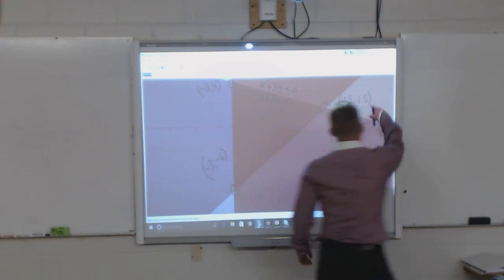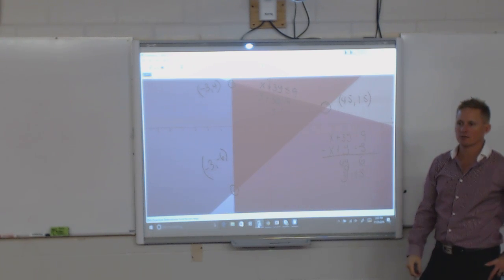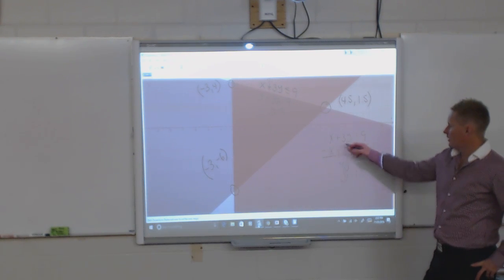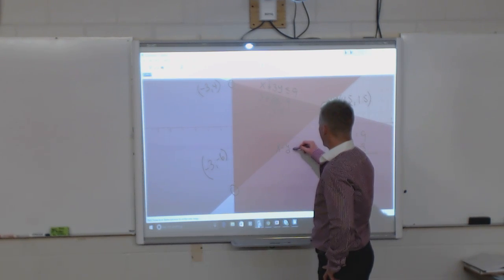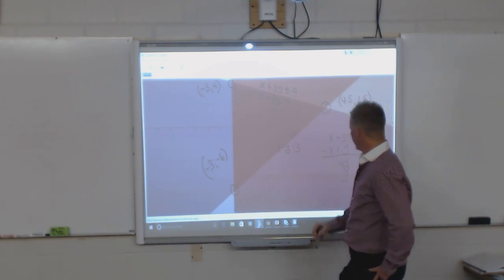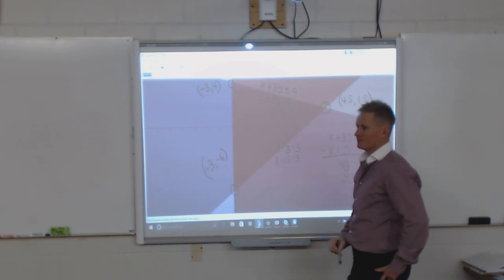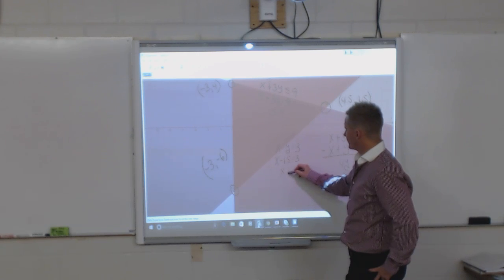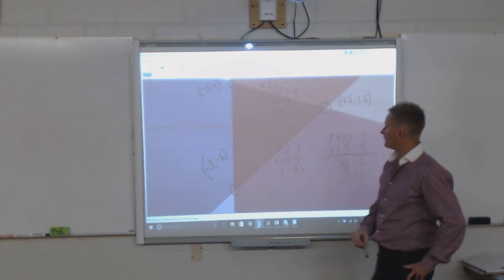I've got the y value here. Now how do I get the x value if I have the y value? Plug it into one of the equations. The second one was x minus y equals 3, so I've got x minus 1.5 is equal to 3. X is equal to 1.5 plus 3, which is 4.5.